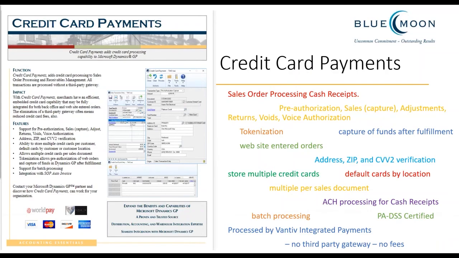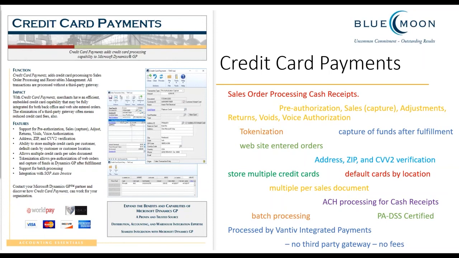Credit card payments from Blue Moon gives you the ability to process credit cards within GP windows. When using the secure wallet capability, customers confirm the last 4 digits of their credit card number to reuse an existing card for transactions, making it real easy.